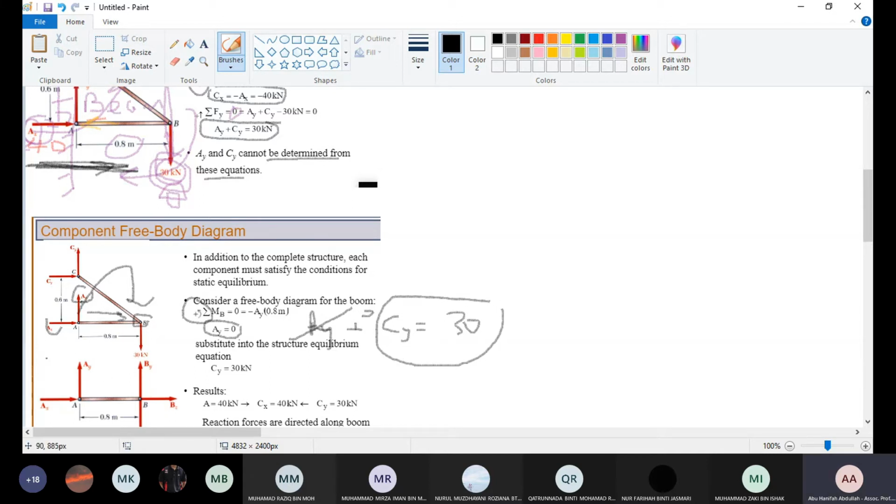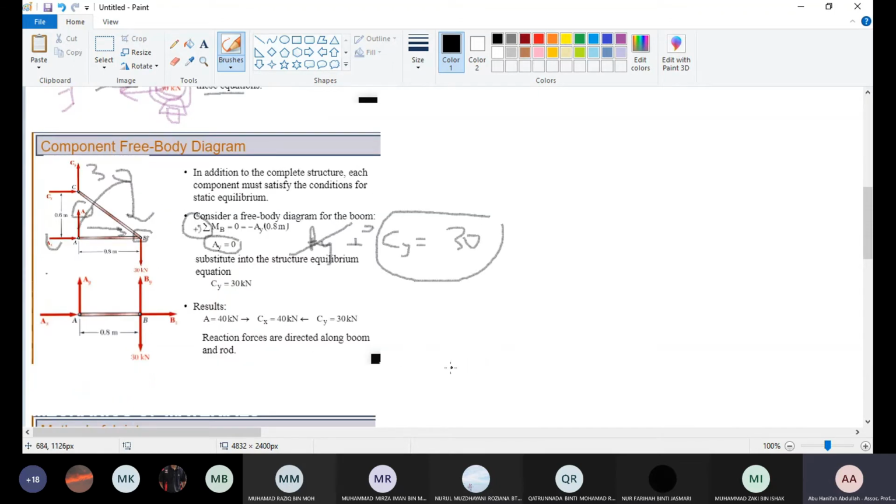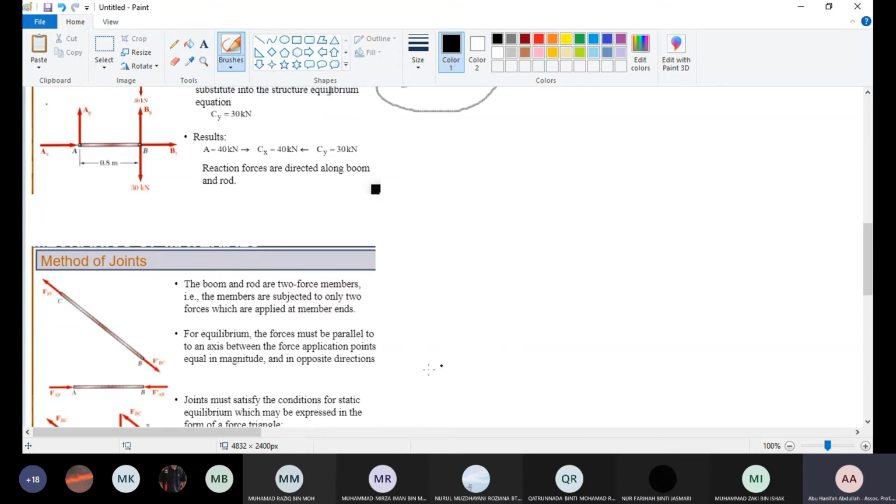Now we have AY 0 and CY is 30. So here is 30. We got all the values: AX, CX, AY, and CY. When you have that, you need to determine the forces along the members.